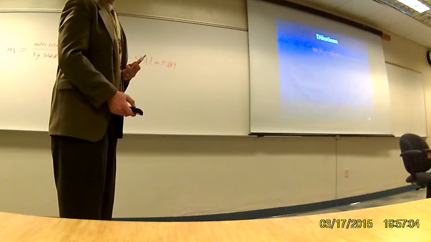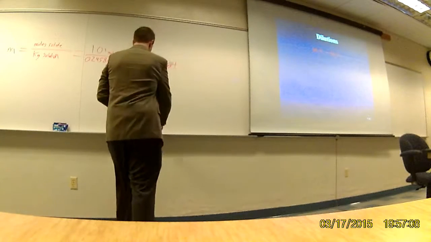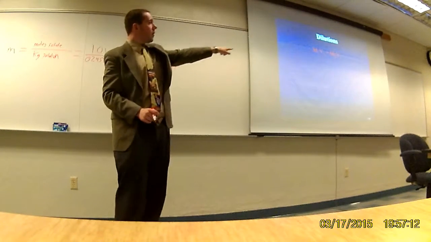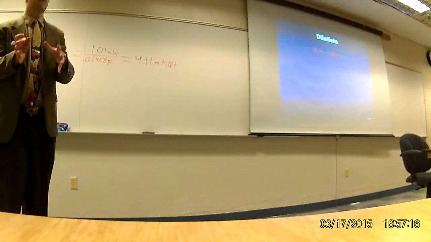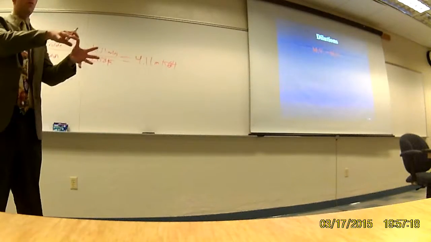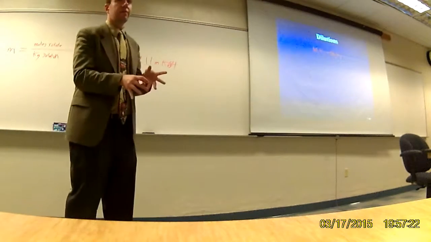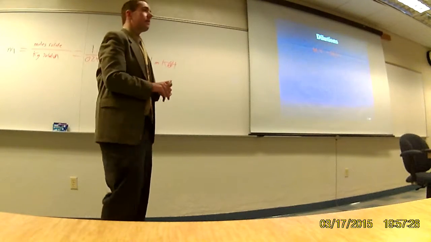Next type of calculation is dilution calculations. For dilution calculation, we're going to have M1 V1 equals M2 V2. Just like before, the 1s are before, the 2s are after. V's are still volume, M's are molarity. Okay?